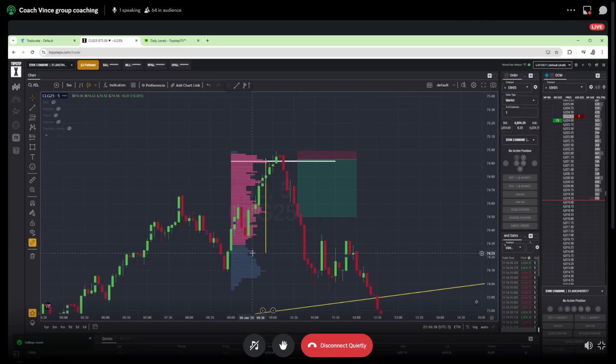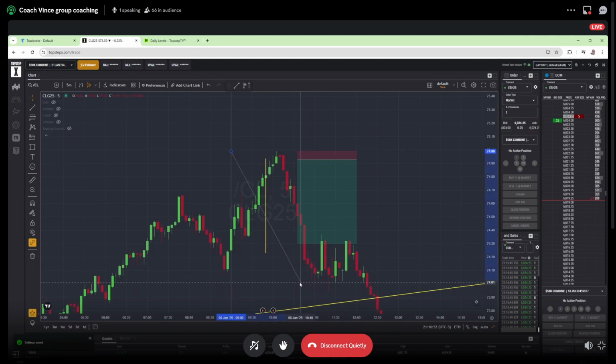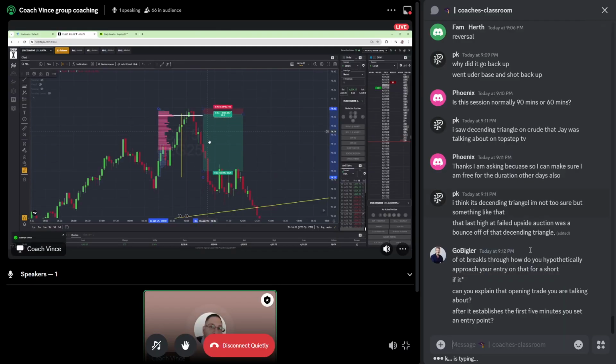Take out the IB low here. So great exit would have been at value low, right before taking out this initial balance low. The way I would trade it is we already took out this high. I'm looking for just to rotate back to value low and then exit.